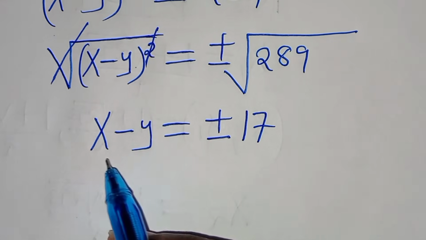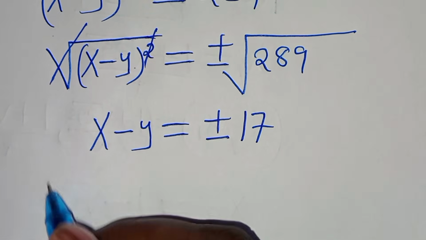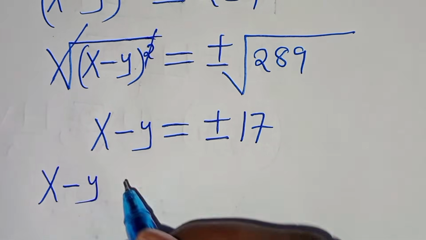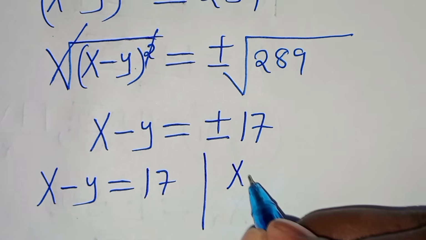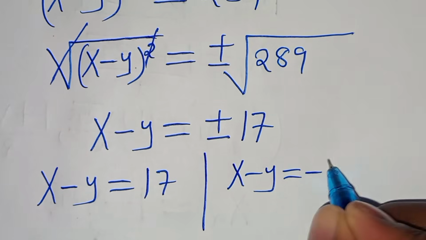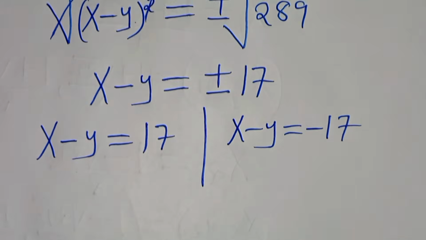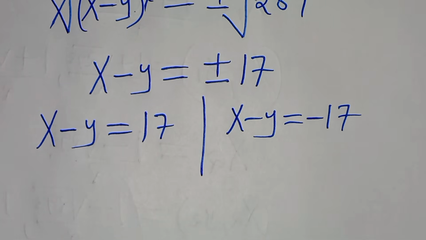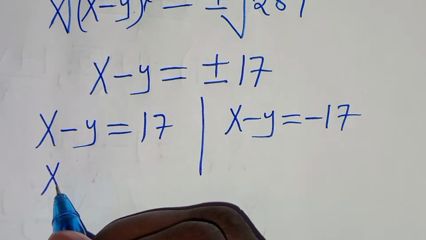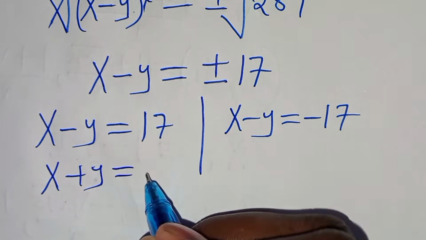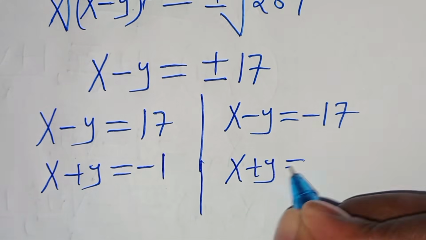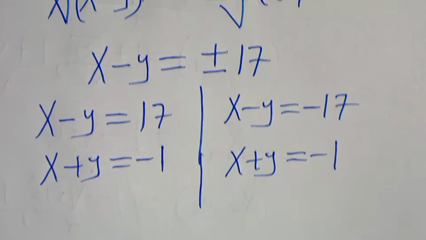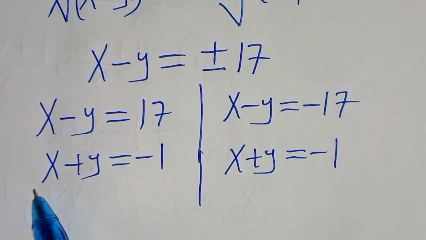So we have two possible values of x minus y: x minus y is equal to plus 17, and x minus y is equal to minus 17. From equation 4, x plus y is equal to minus 1. So these are two systems of linear equations.